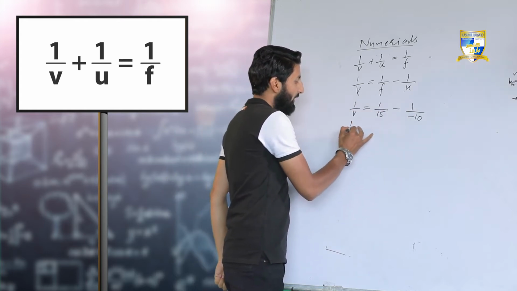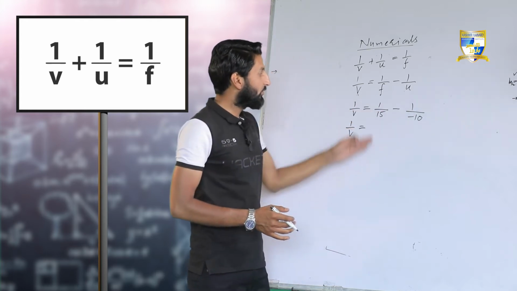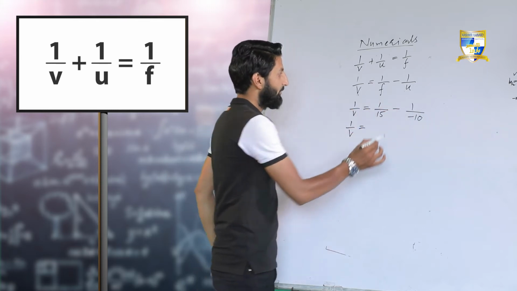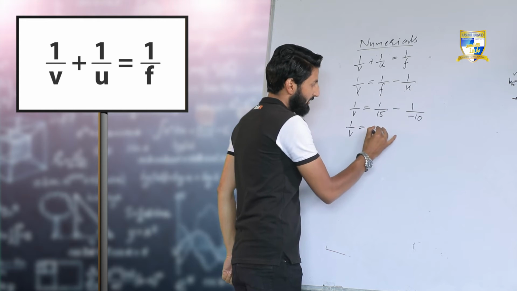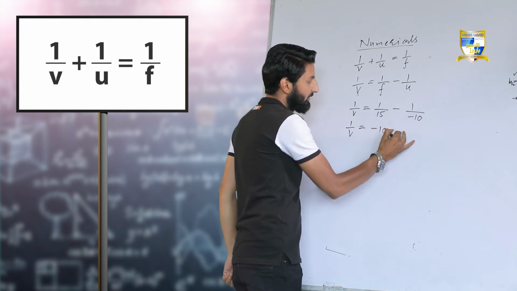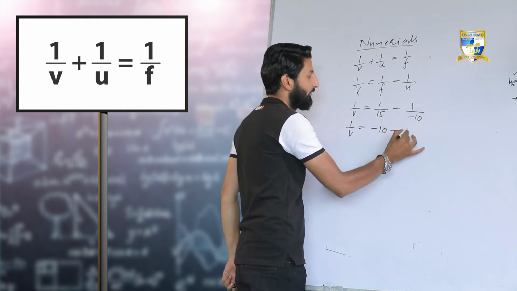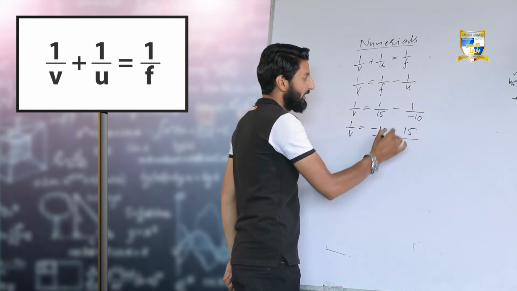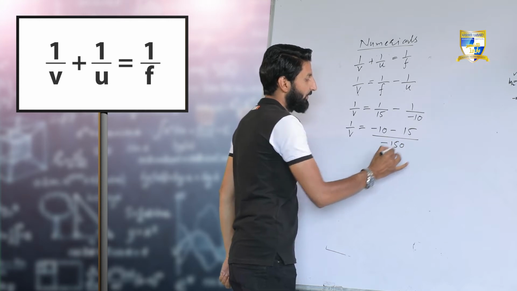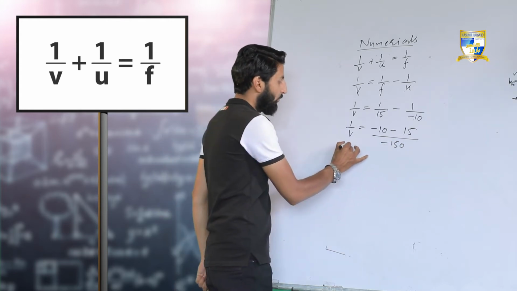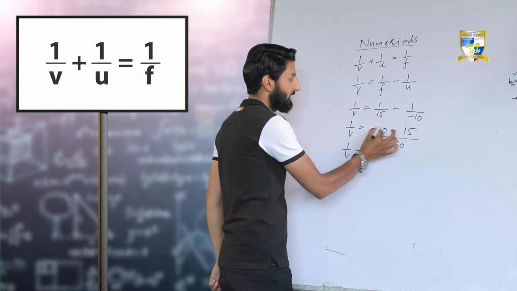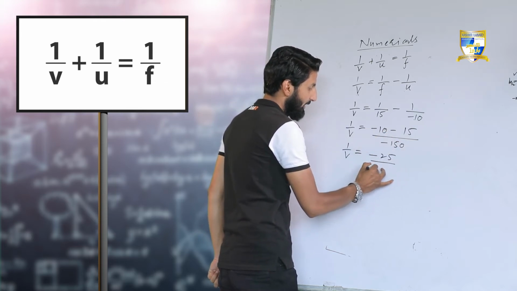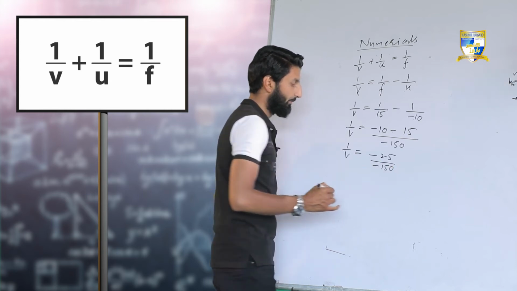Whether you cross multiply it or go through the LCM procedure, it is one and the same thing. 1 into minus 10 is minus 10, minus would remain as it is. 1 into 15 is 15 divided by 15 into minus 10 is minus 150. 1 by V is equal to minus is plus, so minus 25 divided by minus 150.